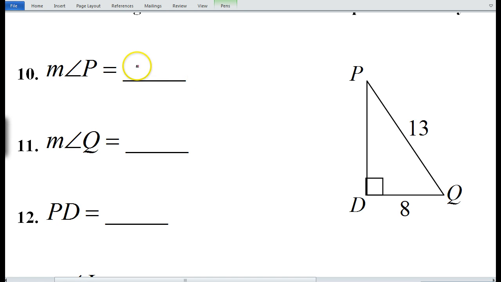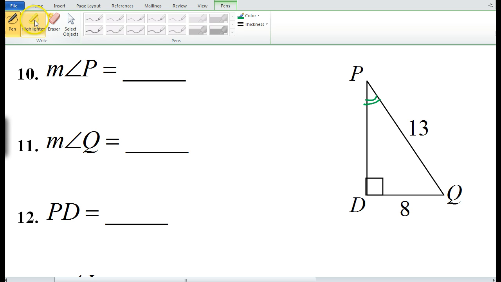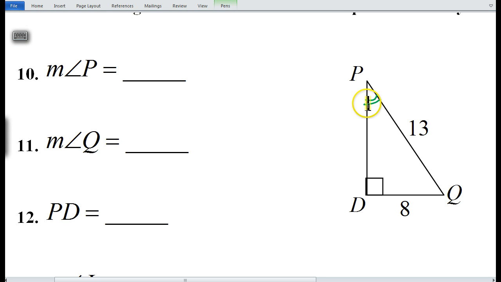Okay, look with me at angle P. So angle P, I'm looking right here. So see if you can think like me. For all of these problems, you should be looking at 3 things. Look at the thing that you're looking for, and look at the 2 things that you're given. That's 3 things.